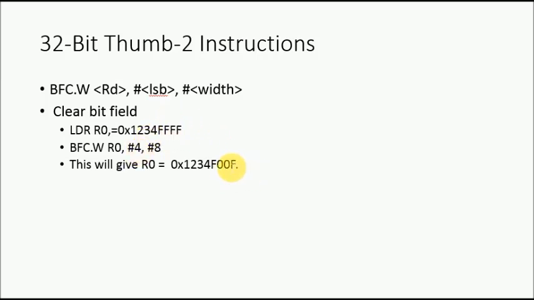If you write down the binary of this, you will get the bit positions, and then you make the 8 bits 0 and then convert into hexadecimal. You will get F00F. Now here we can specify any bit position and any width, and we can clear that particular bit field. In other words, we can say that these are the bit manipulation instructions.